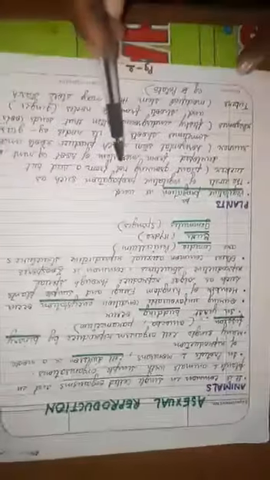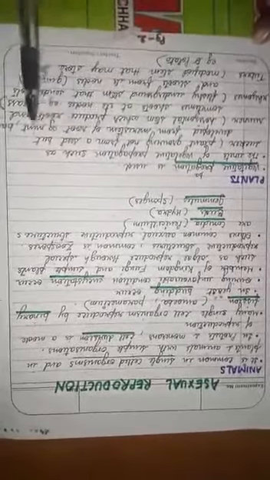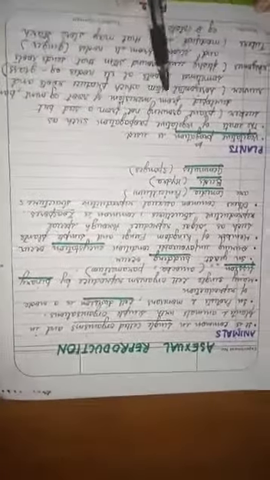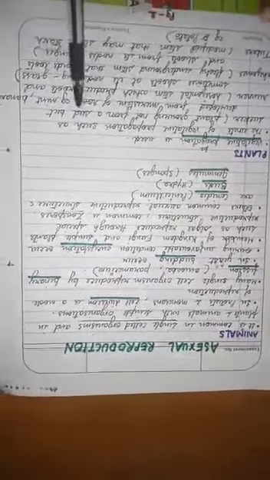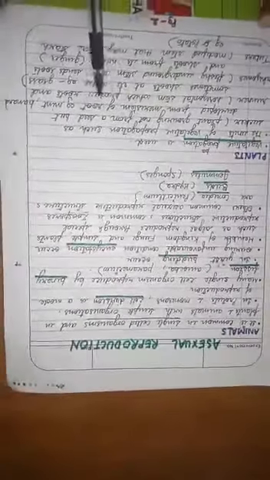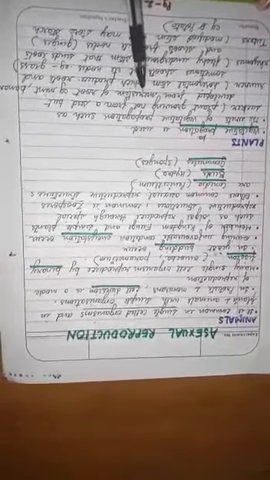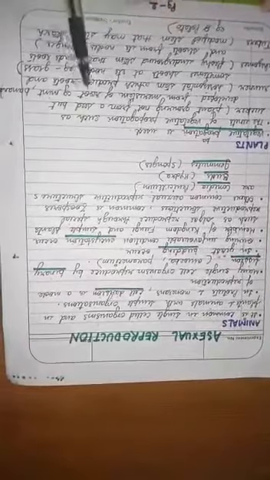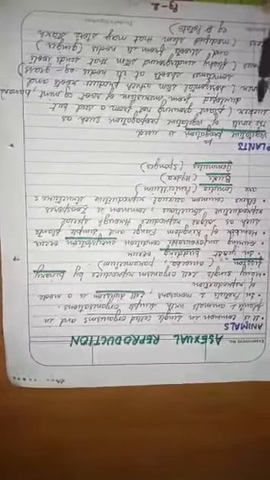Suckers develop from the meristem of the root, the actively dividing meristematic tissues, and they form a new plant. For example, in mint and banana, you may find suckers.